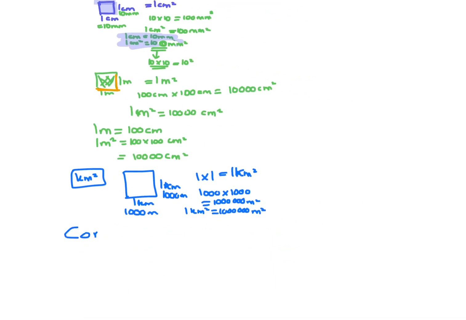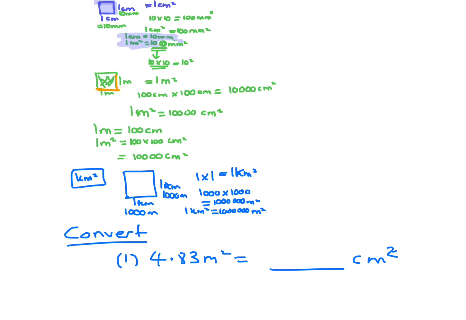So let's just say you had to convert some of these. Say you have 4.83 metres squared. How many centimetres squared? Okay, so we know metre to a centimetre is 100. So 1 metre is 100 centimetres. So what that means is 1 metre squared is 100 square centimetres.